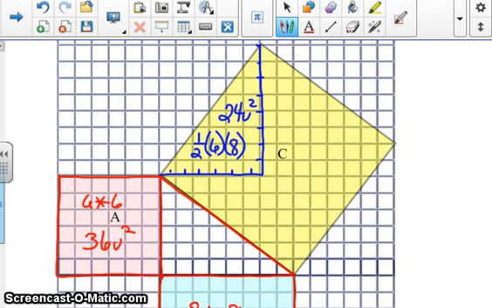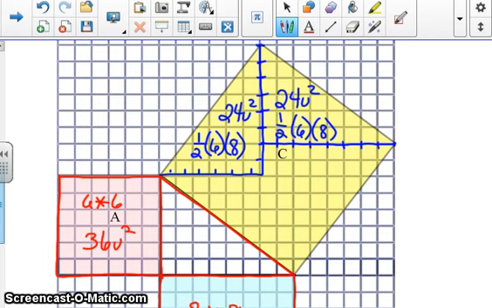Now, if I draw another triangle to the other vertex over here, its sides are 6 and 8, or 1/2 times 6 times 8. You'll notice again that that's the exact same triangle. It's just been turned, and its area is 24 units squared.